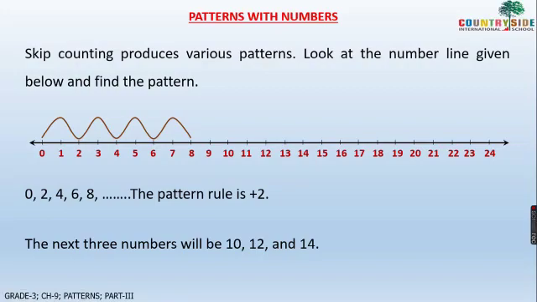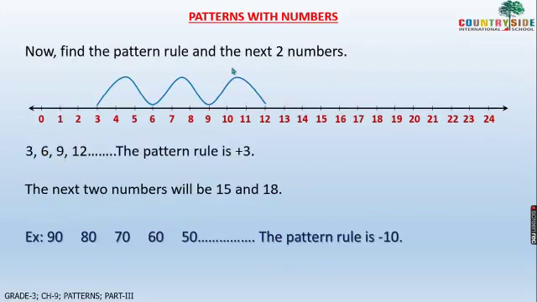Okay children, let's see one more example here. Now find the pattern rule and the next 2 numbers. See children, here again I have drawn a number line. Now here it's starting from 3. Now 3 to 6, I have skipped a few numbers, then after 6 it is 9. Again I have skipped a few numbers.